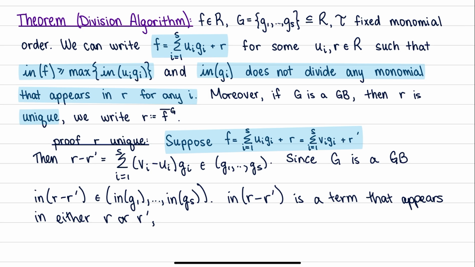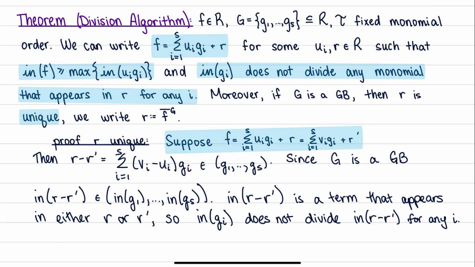And our division algorithm says that the initial term of these g_i's doesn't divide any monomial that appears in r, no matter how you write it. It's not going to appear in a monomial here or a monomial here. So we have that the initial term of g_i does not divide this term for any i.